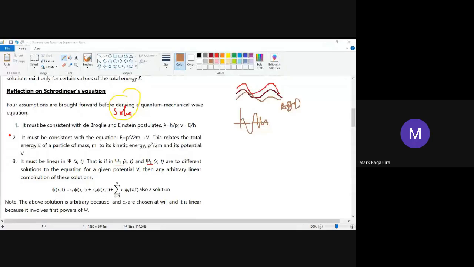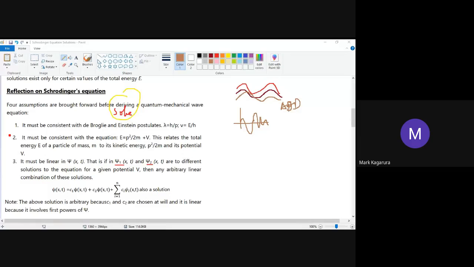So yeah, the individual wave functions and the sum of the wave functions are also solutions. Now, the constants must be such that the wave functions are continuous. What are we talking about? I'm calling them constants, but that is a misnomer.